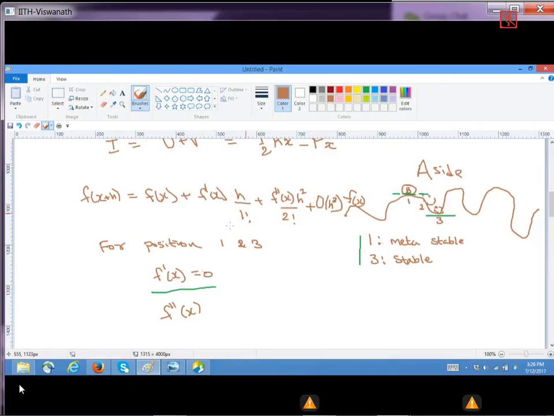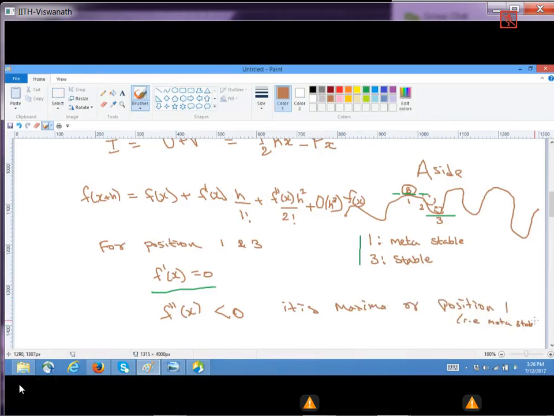So f of x plus h can be smaller than f of x only when the second derivative is less than 0. If it is less than 0, it is a maxima, or position 1, that is the metastable position.